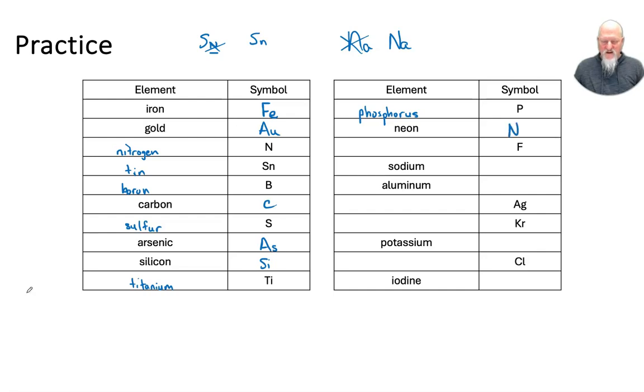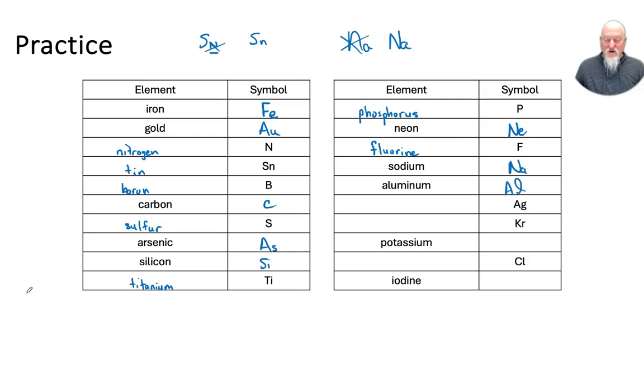Okay, neon is Ne. Fluorine, again, another one that's spelled wrong quite a bit. It's F-L-U-O-R-I-N-E, fluorine, and it's not F-L-O-U-R, which is flour. Okay, sodium is Na. Aluminum is Al.